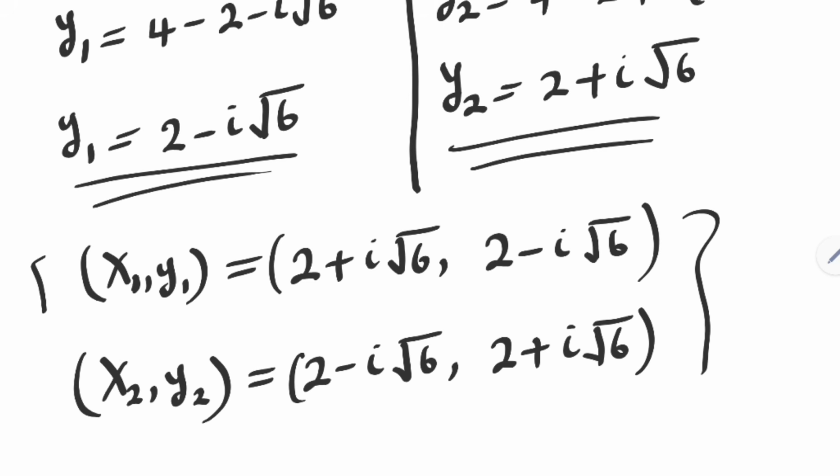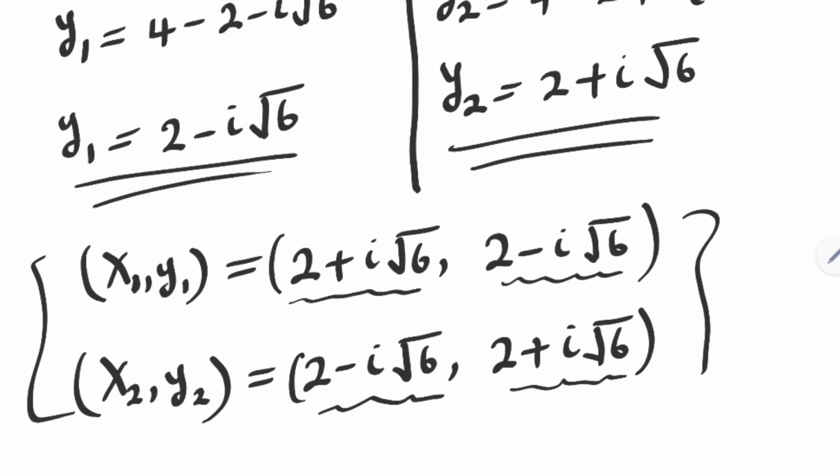These are the final answer. We may check to confirm if this answer is right or wrong. And as you can see, the value of x1 here is equal to the value of y2 here. And the value of y1 here is equal to the value of x2 here.